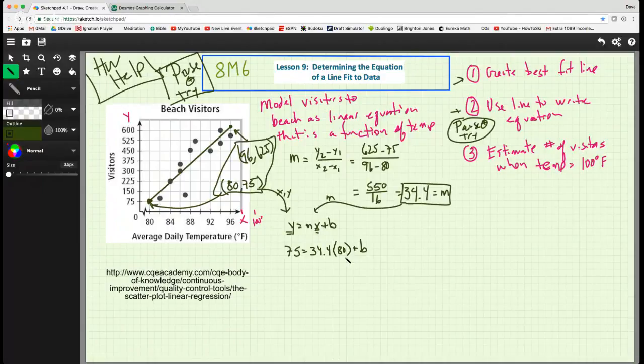So 34.4 times 80 is 2752, plus b. So now we subtract 2752 from both sides and we get b equals negative 2677.